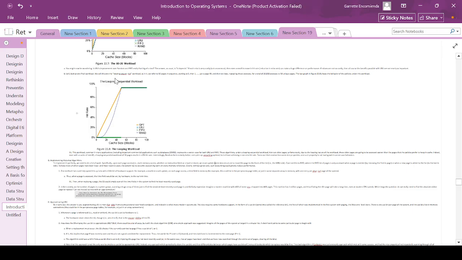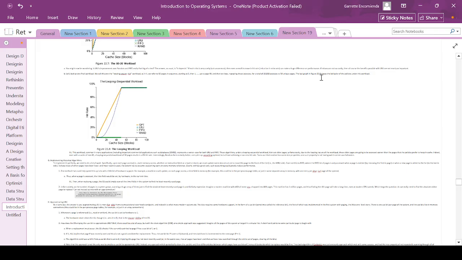So let's look at one final workload. We call this one the looping sequential workload. In it, we refer to 50 pages in sequence, starting at 0, then 1, up to page 49. So this is the looping I was talking about. And then we loop, repeating those accesses for a total of 10,000 accesses to 50 unique pages.